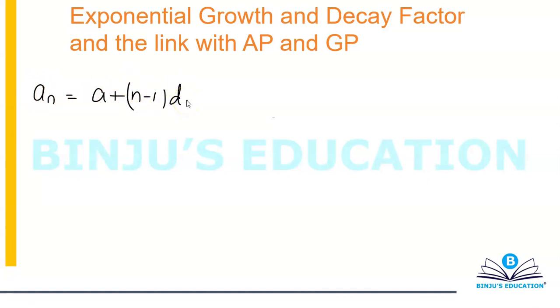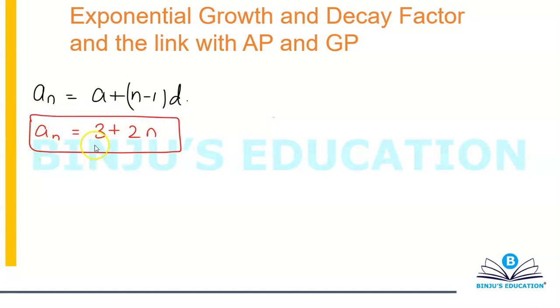And I say that I have this expression that represents the growth of bacteria, and that is given as 3 plus 2n. So this expression 3 plus 2n is basically an expression of arithmetic progression.